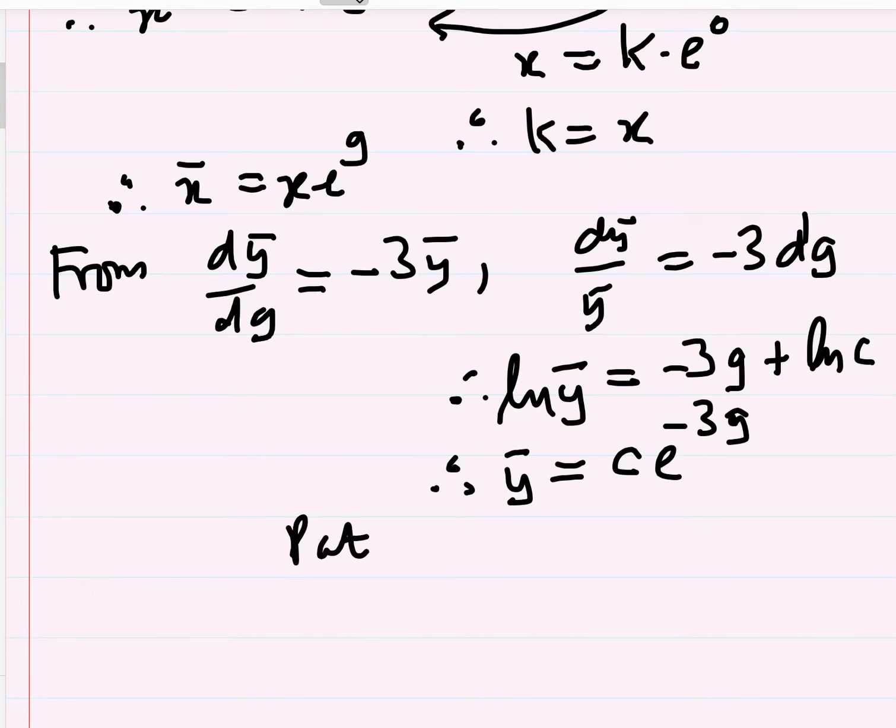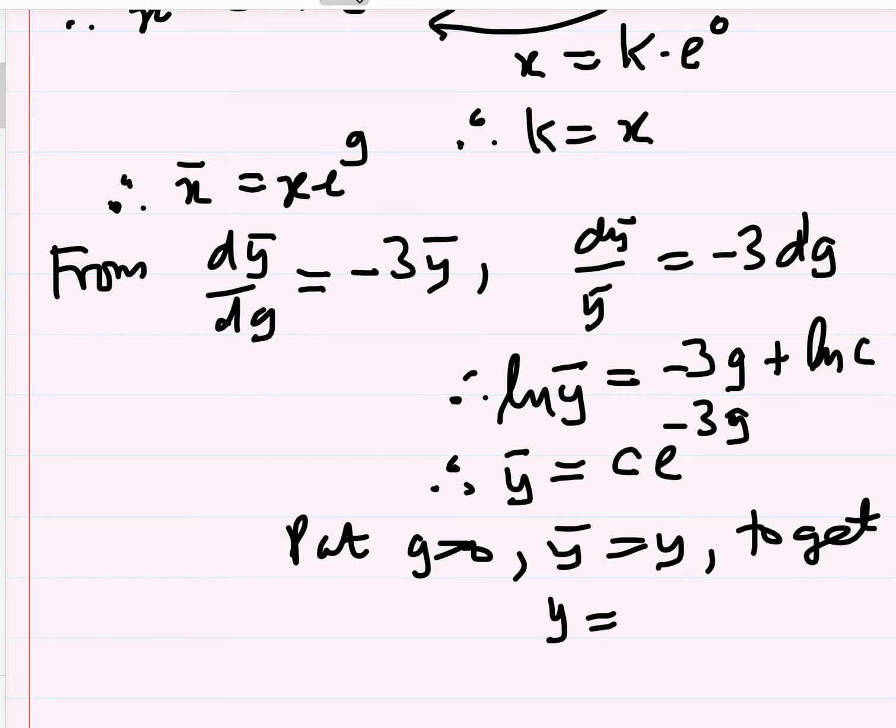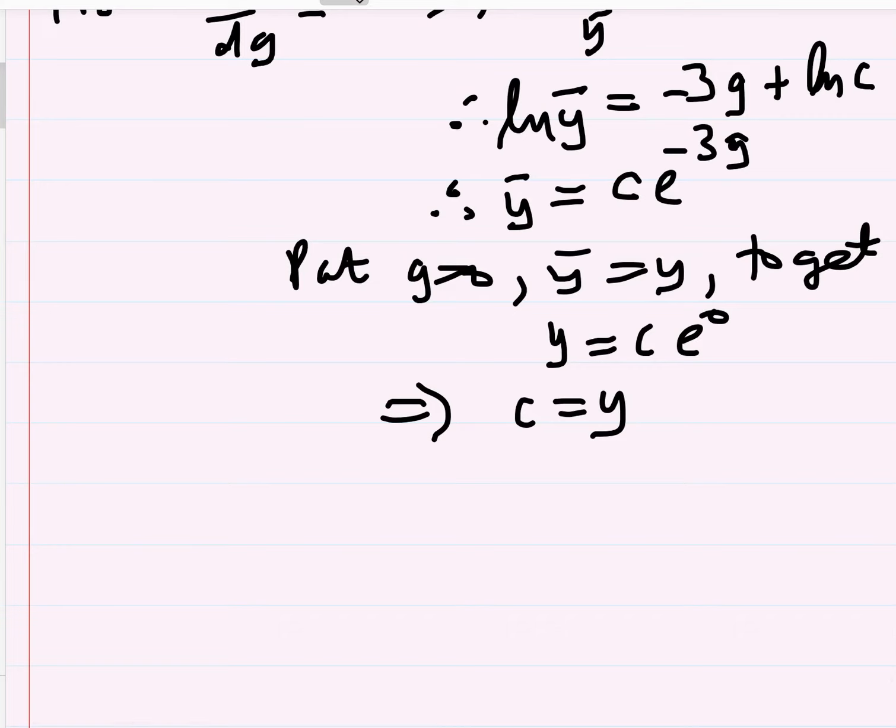Put g equals 0 where y bar equals y. If there was an x bar, you put x bar equal to x also. When g equals 0, the y bar becomes y, and this becomes e to the 0, which gives us that c is equal to y. Thus, substituting back, we get y bar equals y e to the minus 3g.